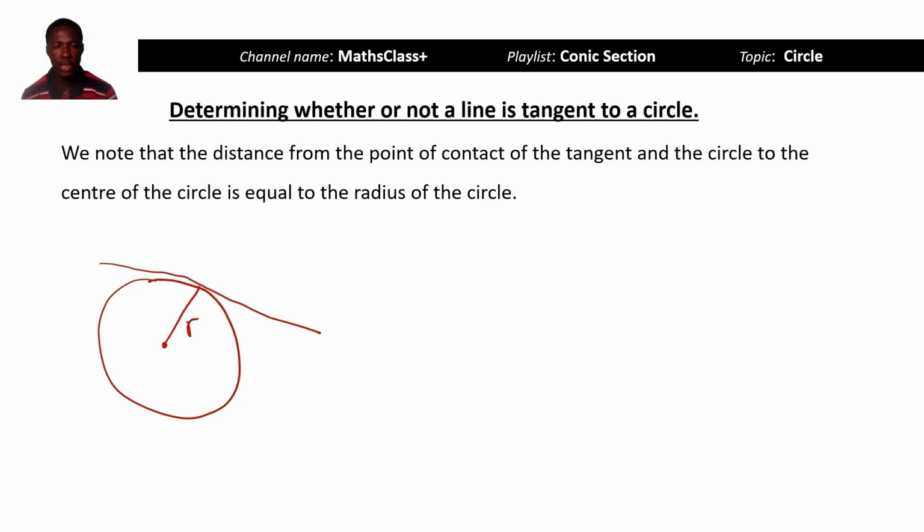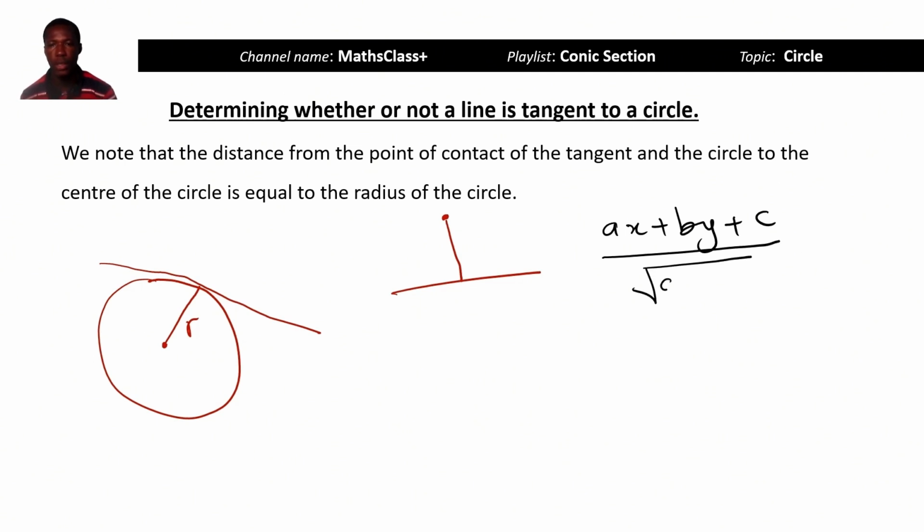And so when you look at it from the radius to the tangent, we get the perpendicular distance to a line. And if we remember, our formula is |ax plus by plus c| divided by the square root of a squared plus b squared. And these are in absolute values because it is a distance.